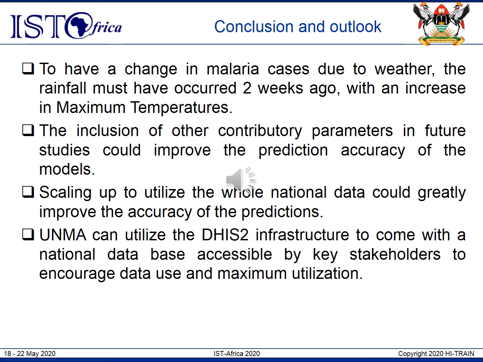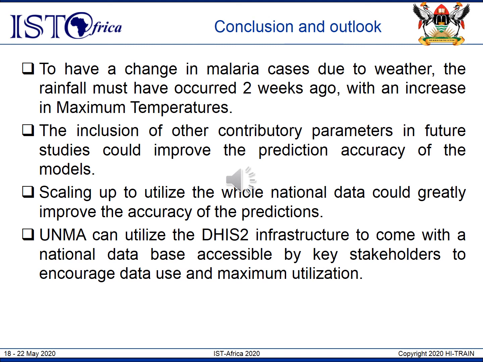We believe that if we scaled up this study and included all the national data, that could be a good vast amount of data for the artificial neural network to actually predict much more accurately than it is doing with this small data that we fed it with.